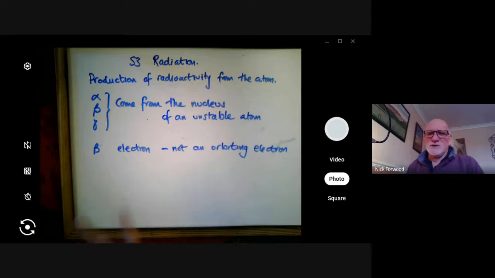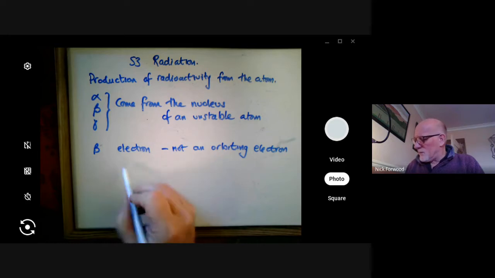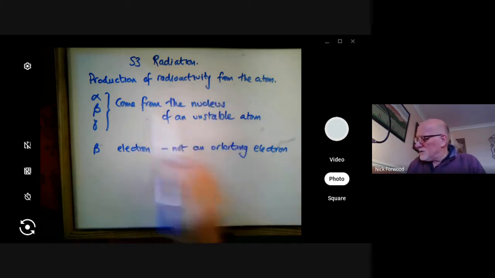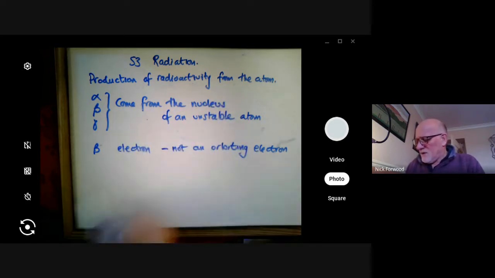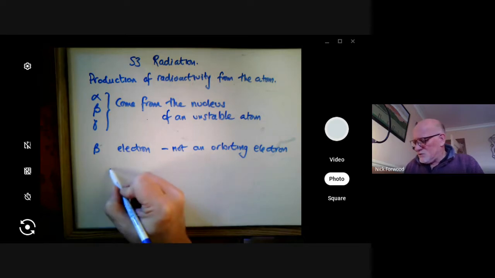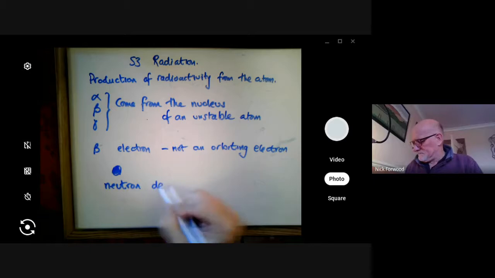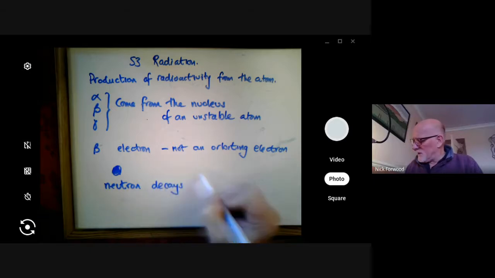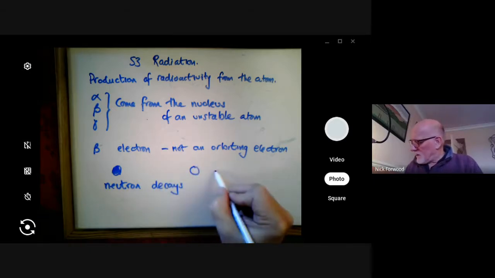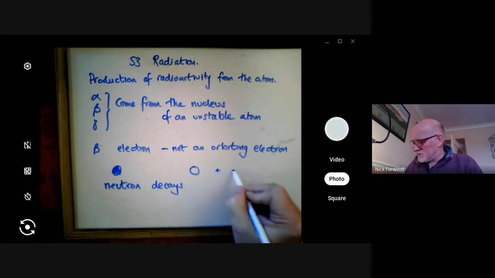So we need to do a little bit more about this. An electron also comes from the nucleus of this unstable atom. And what it is, is a neutron. And the neutron decays into a proton and an electron.